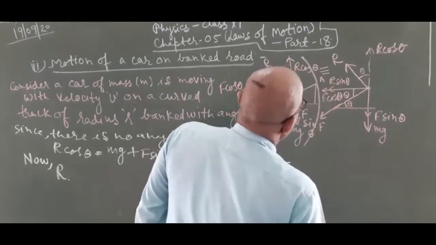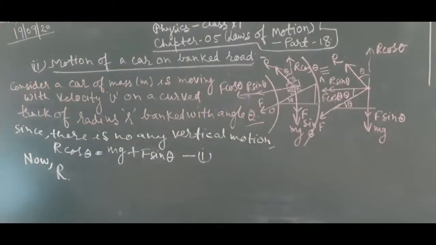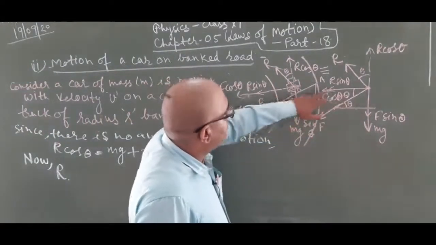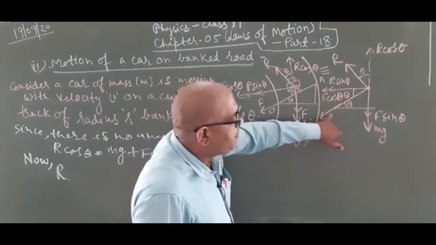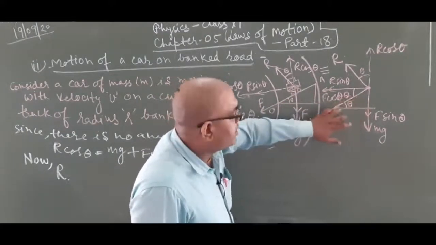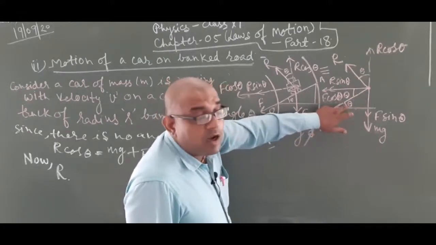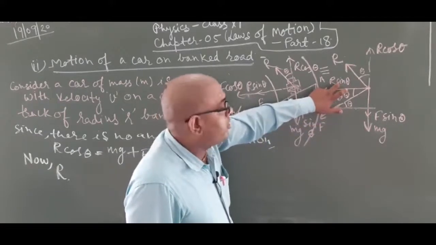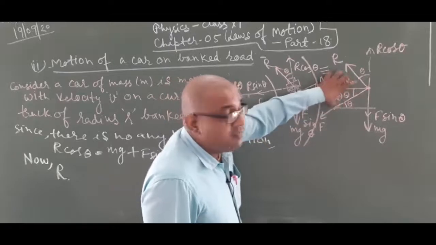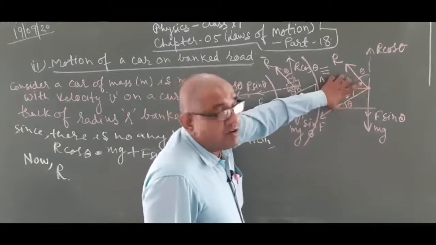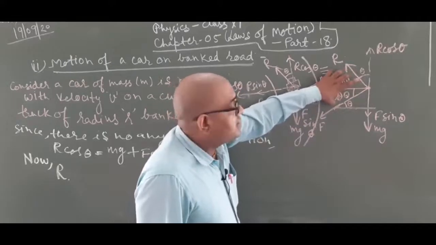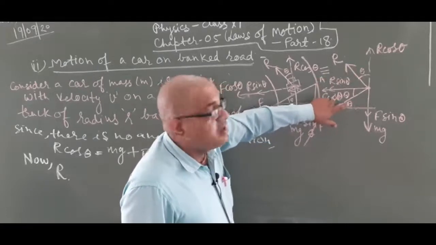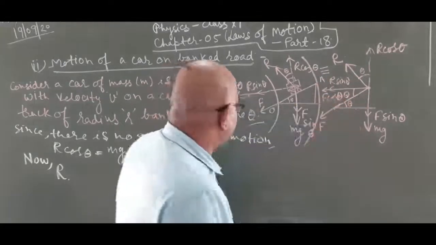Look at it, what I have told: one component of the friction between the tire and the road, that is F cos theta, along with the one component of the normal reaction, R sin theta. These two combined give the centripetal force, that is equal to mv square upon R.